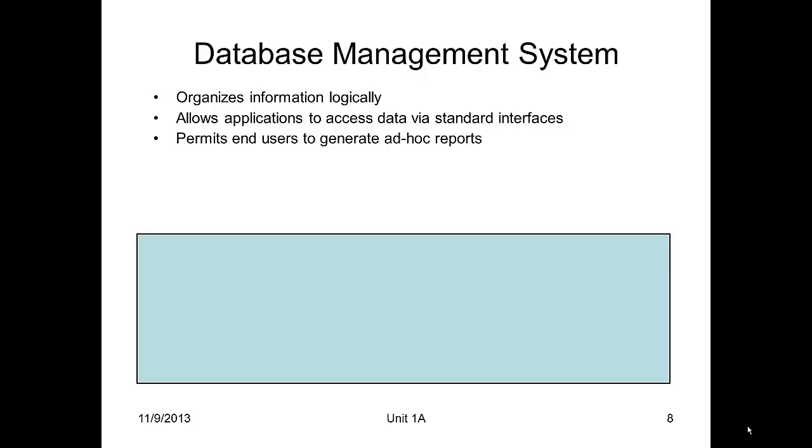It permits end users to generate ad hoc reports. If you've ever used Microsoft Access to generate a report, you've got an example of that right there. And it enforces data consistency, because data that relates to real-world objects is very complex and has these interdependencies. And for the data to actually be valid, these interdependencies are required to be upheld and enforced, and a DBMS will do that for you.